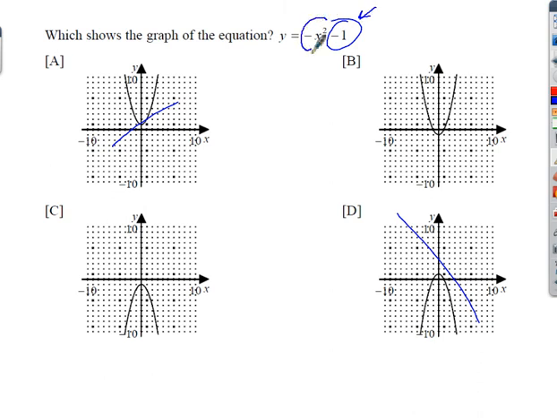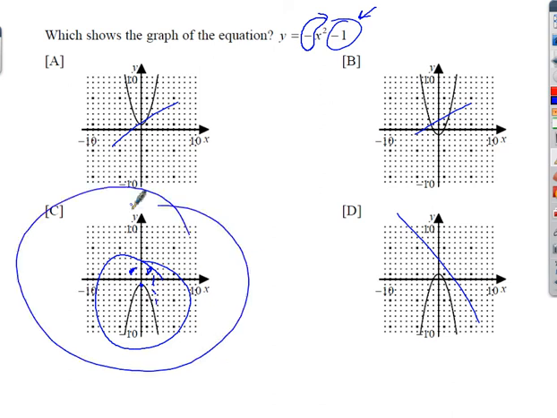The front portion of the x squared is telling you whether, well, positive is going to be an upward facing parabola and a negative is going to be downward facing, so we know we can throw this one out. It's got to be this one. Let's double check. It does cross at negative 1. It does seem to be the normal stretch, and there it is, a sad face parabola. So it's letter C. Alrighty, and I think that's it on that one.